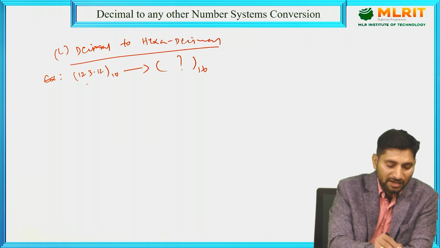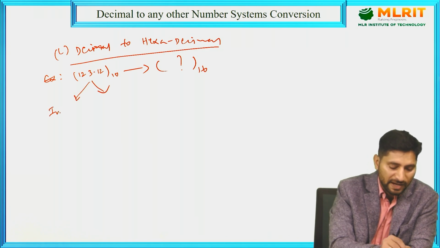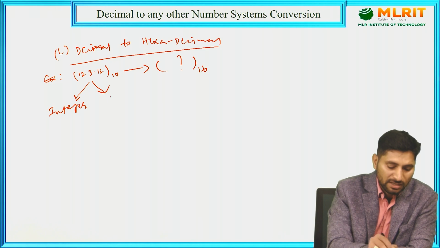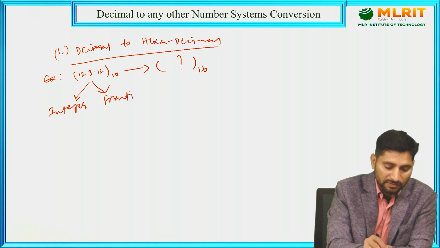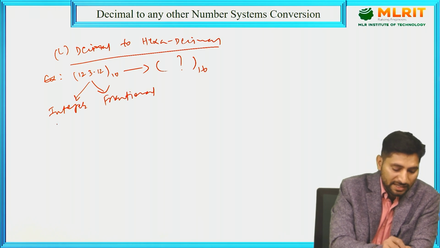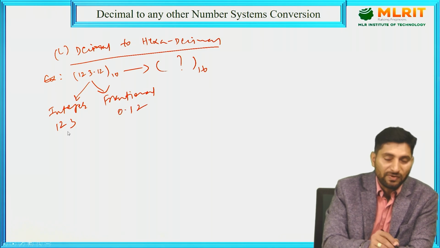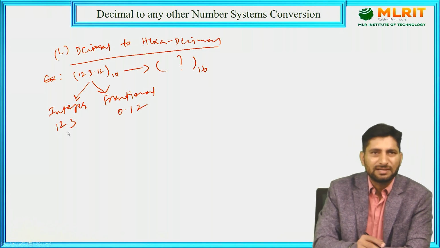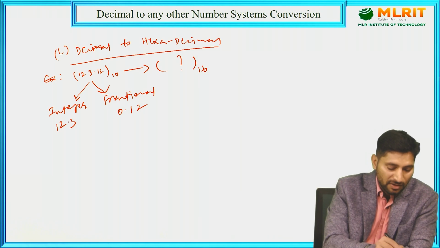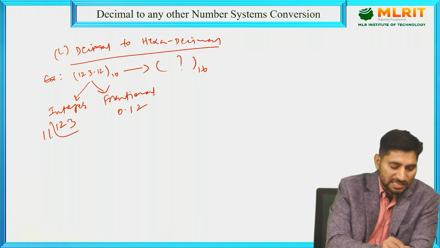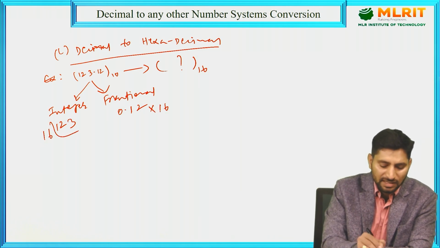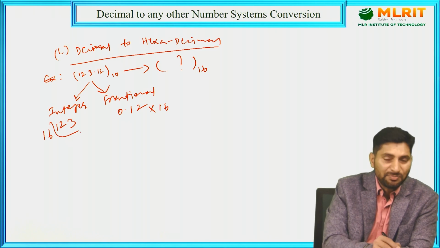So while converting decimal to hexadecimal, I need to again find out the integer part and fractional part separately. So here the integer part is 123 and the fractional part is 0.12. So while converting from decimal to hexadecimal, I must divide the integer part by 16 and multiply the fractional part by 16. Same process I have to follow.